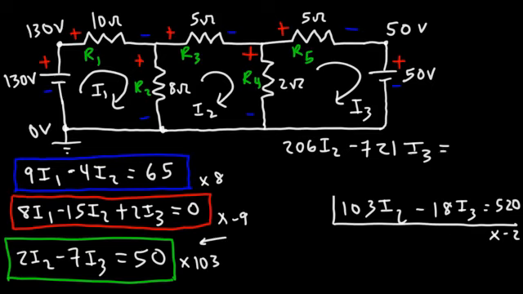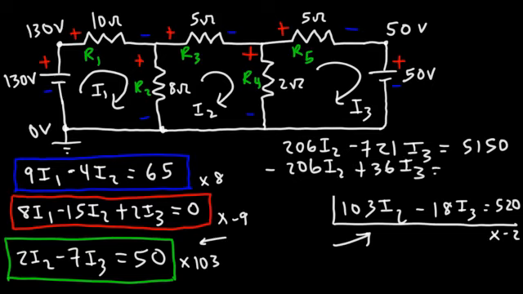And then 50 times 10^3, that's 5150. Now multiplying this equation by 2, I'm going to have negative 206 I2. Negative 18 times negative 2, that's going to be positive 36 I3. And then 520 times negative 2, that's going to be negative 1040.